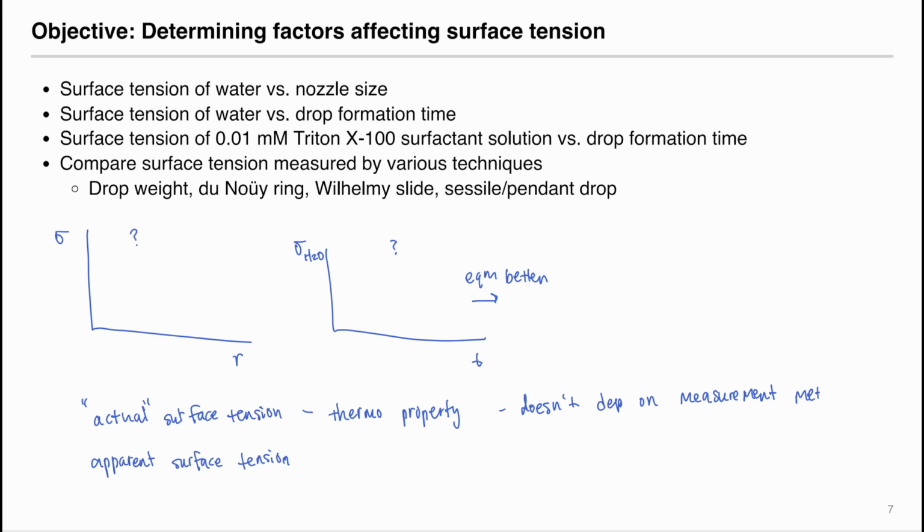So this is like the ground truth. And the apparent surface tension is what we measured. So it does depend on measurement method.